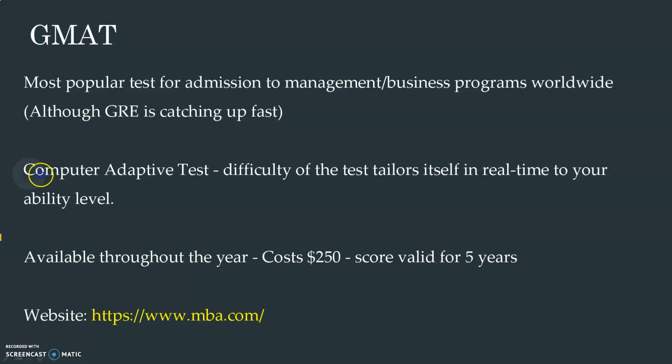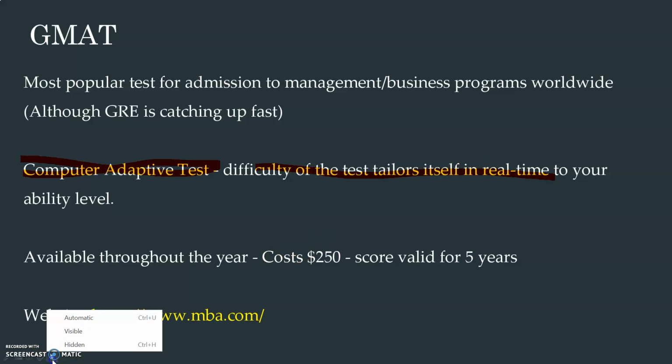The GMAT is a computer adaptive test. Now, what does computer adaptive test mean? It means that the quant and the verbal sections of the test have questions which are not pre-decided. The difficulty of the test tailors itself in real time to your ability level.